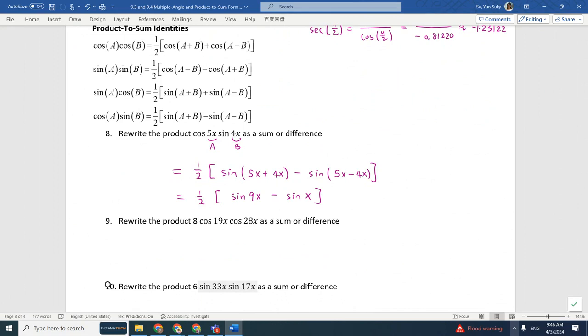Yes, we can do it at the same time. Six over two.